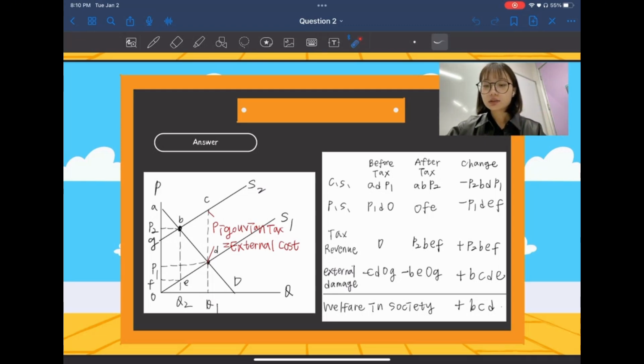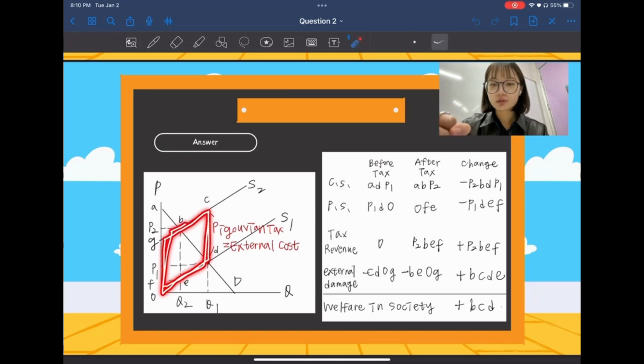And the external damage is C, D, O, G. This is the external damage.